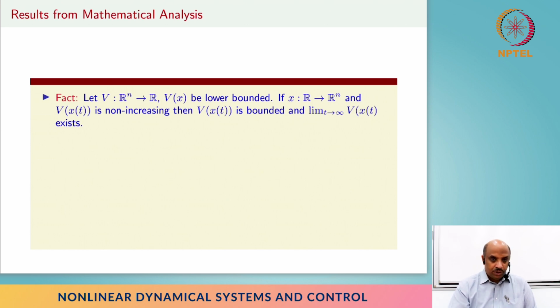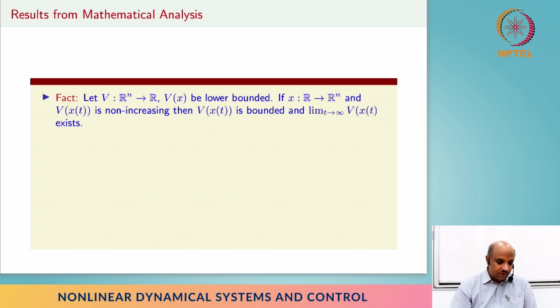If you recall, the LaSalle theorem says that if you have a bounded trajectory, then x of t will have a limit set, and that limit set is going to be invariant, and x is going to reach that limit set, which can be found through certain techniques using invariance. All those nice things are not there in the systems we are dealing with in adaptive control. So we have to go with a little bit more complicated results.